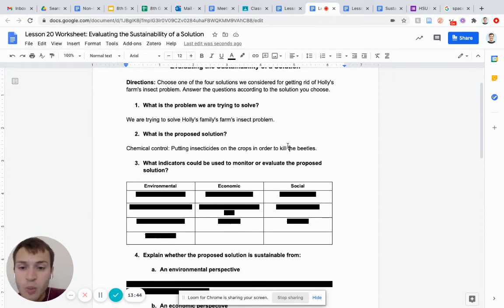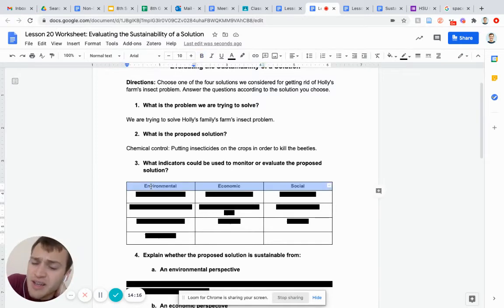Number 3, what indicators could be used to monitor or evaluate the proposed solution? So this just means, how will we know if our solution is keeping the environment, the economy, and society healthy and safe? So we are going to choose some different indicators we can look at to determine how these things are being affected.